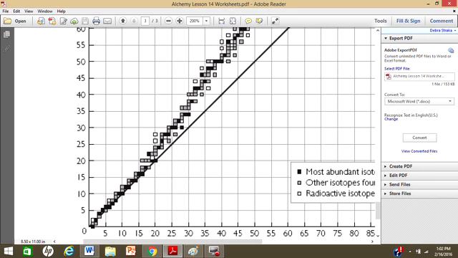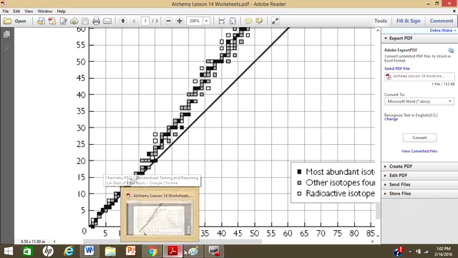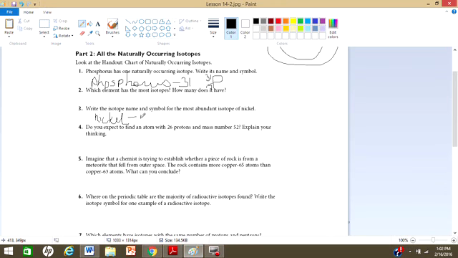So that's 58. So we'll write nickel 58. And then you guys can go ahead and write the symbol for it. Remember, it'll have the symbol Ni. On the top will be your 58, and your number of protons will be at the bottom. So go ahead and hit pause and finish that.